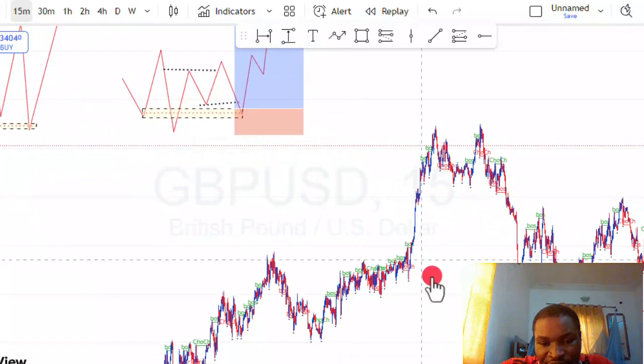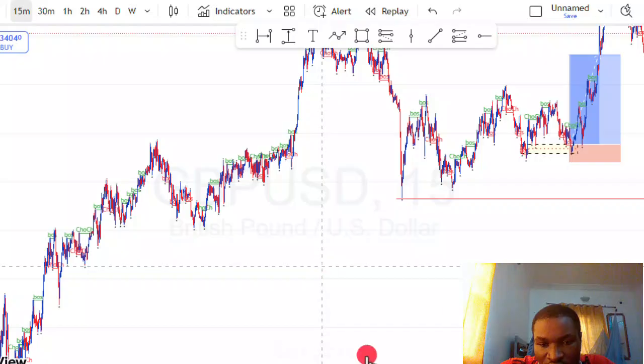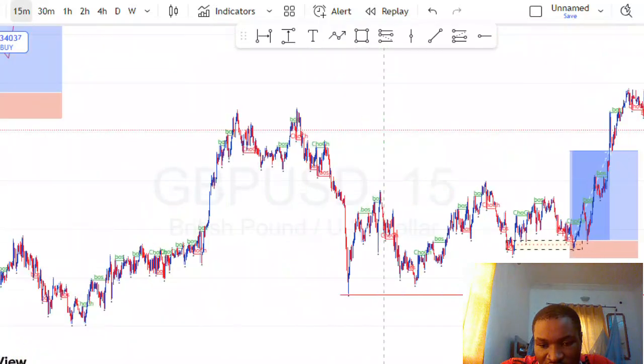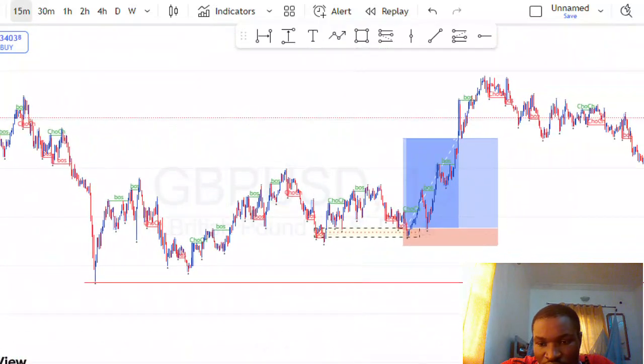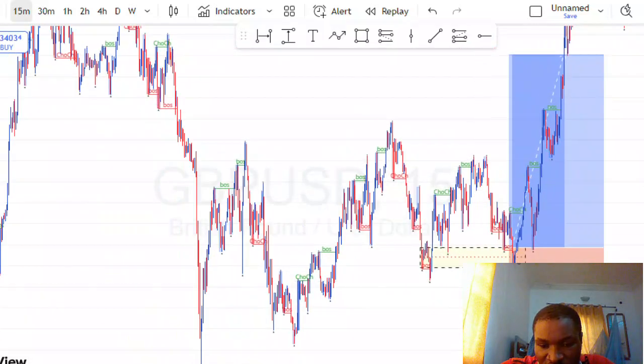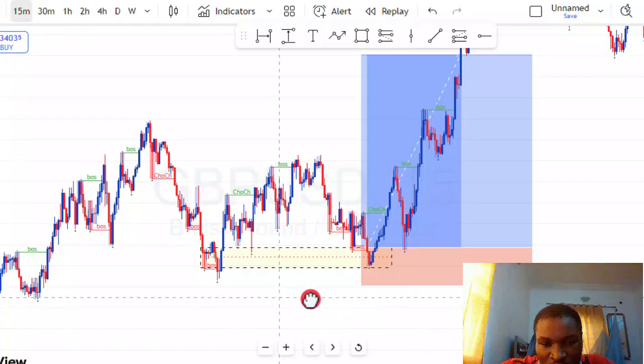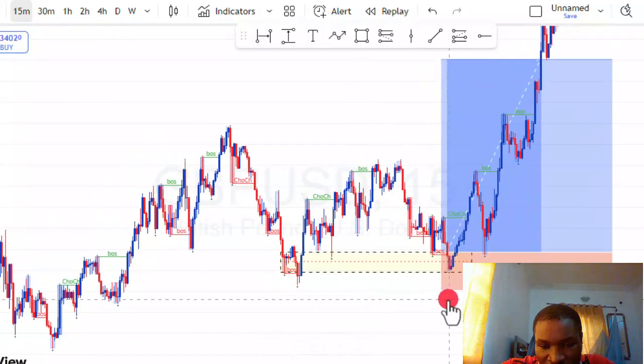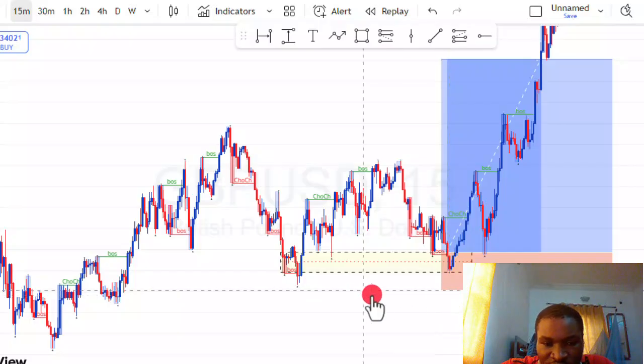Here I have GBPUSD. This is it. I was in this trade. I just woke up and entered it. That was at 3 a.m. on Monday morning.